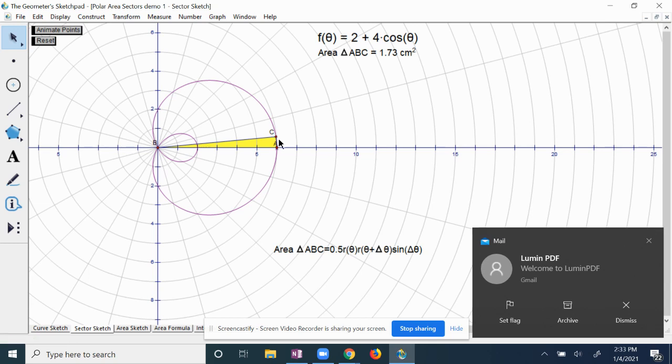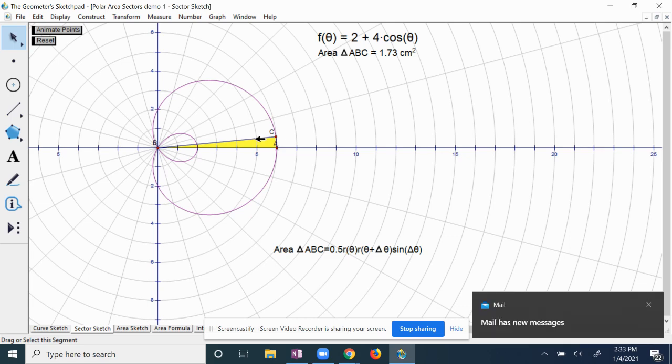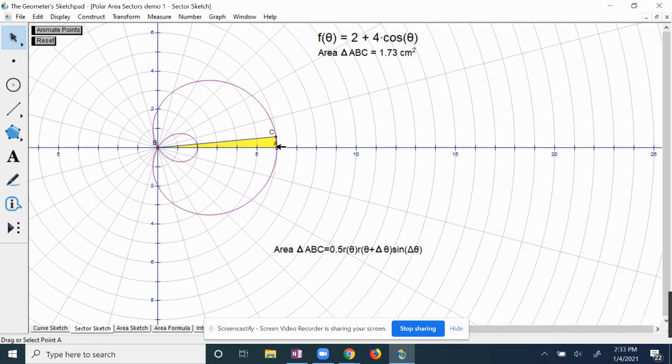Now, sector is an actual mathematical word. It means a section of a circle. Now, this is not going to be perfectly circular right here. It's going to be a little different than a circle, right? It's along this polar curve, so it isn't a circle, so it's not really a sector.